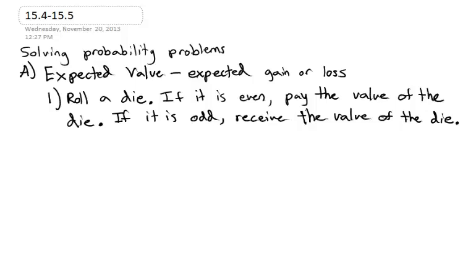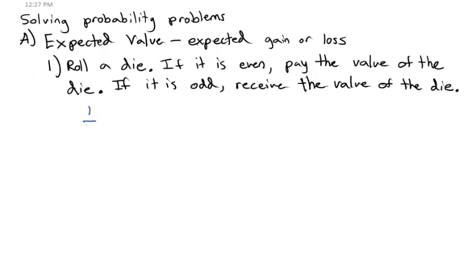Since there's a split between even numbers and odd numbers, it seems like this would be a relatively fair game. You're going to win just about as often as you're going to lose, right? Well, let's look at it. 1/6 of the time, that's the probability, of rolling a 1, you're going to earn $1.